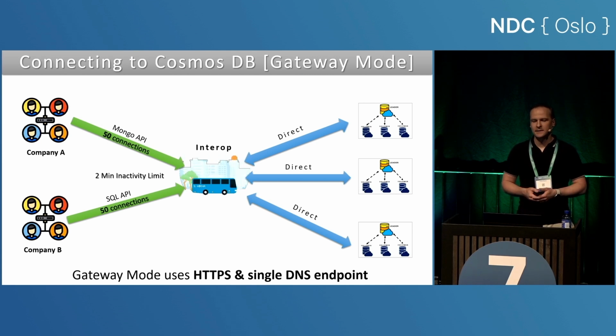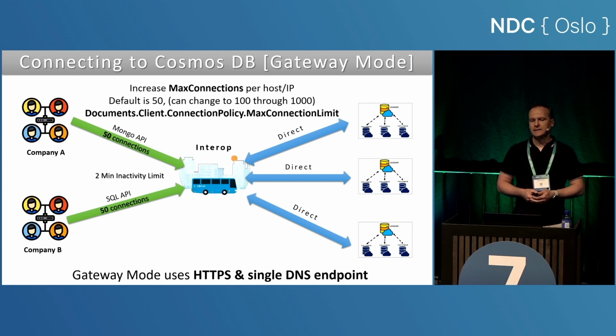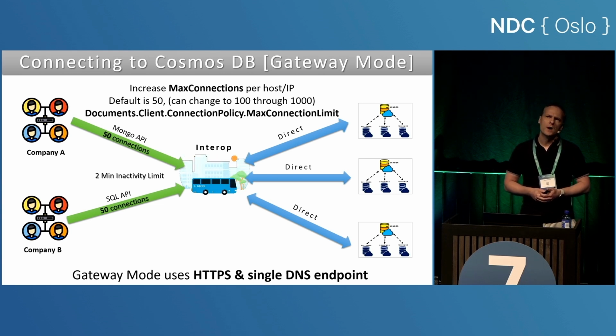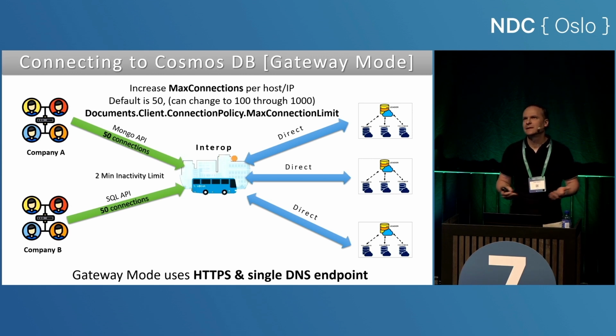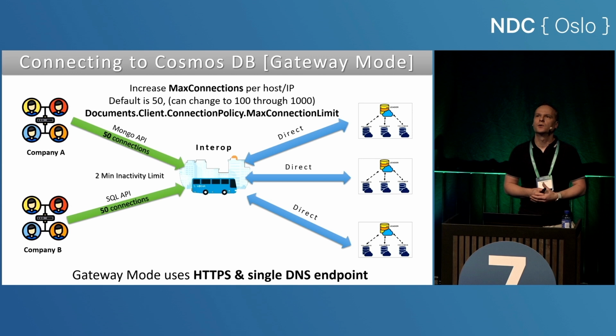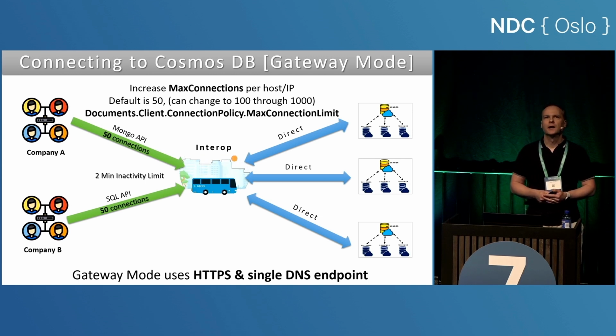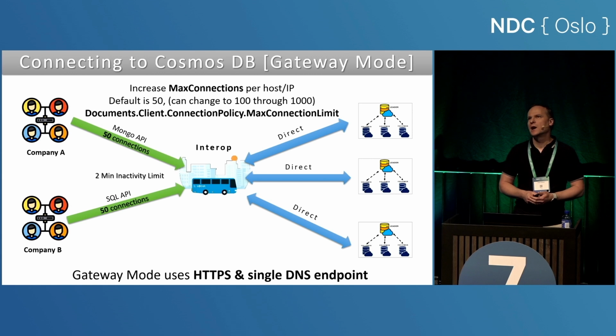All you have to do here is in the document client's connection policy, set the max connection limit. It can go up to 1,000, but I don't recommend going to 1,000 because that might be too much depending on the resources of your server, but you can easily change the number of simultaneous connections to Cosmos DB by changing that.